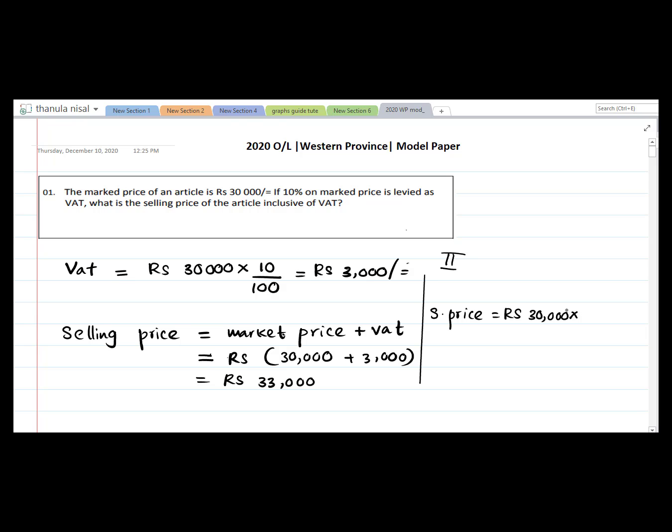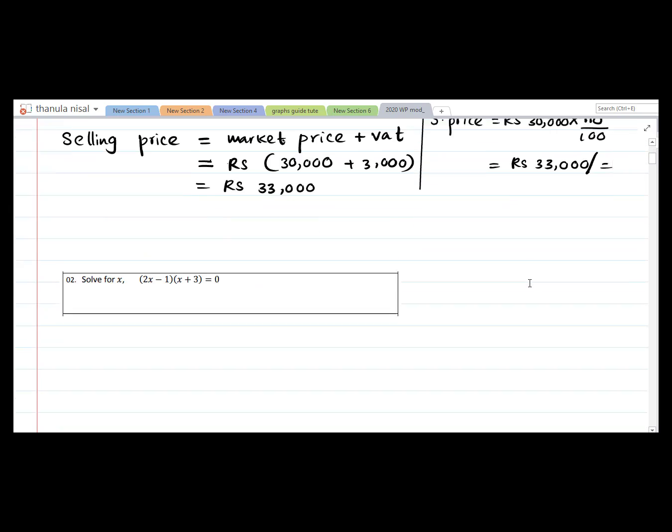Therefore, after including that tax, the percentage would be 110%. By this method also we can get the final answer as 33,000. Okay. Now let's move to the second one.